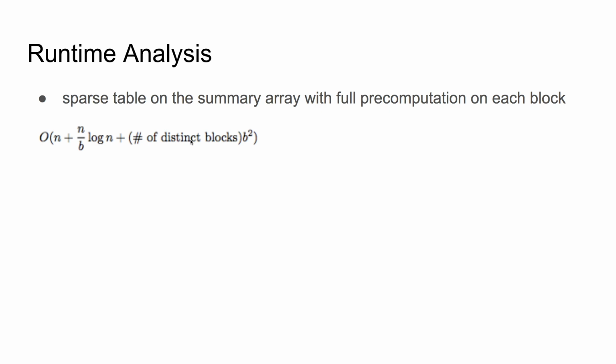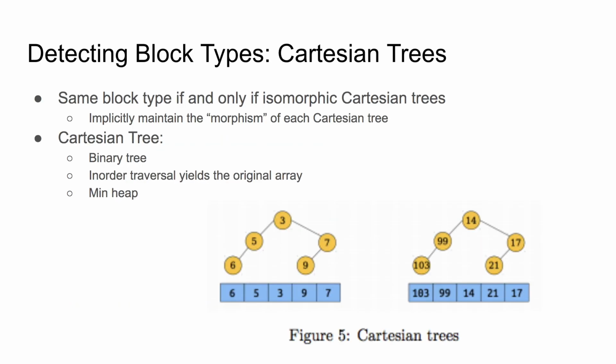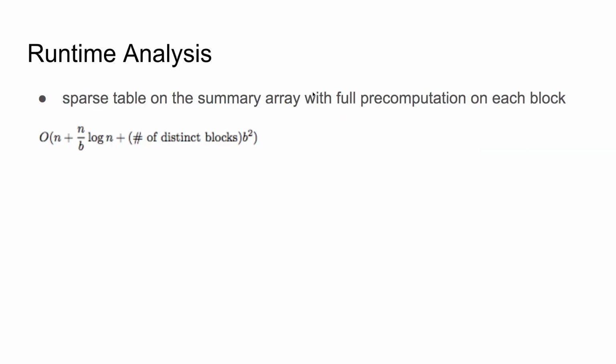Note that the number of distinct blocks is not n over b, because as we argued before, there are n over b blocks, but the number of distinct blocks is going to be less than that because not every block is going to be a distinct Cartesian tree. Not every block is going to be different. So we only need to compute the blocks which are different.